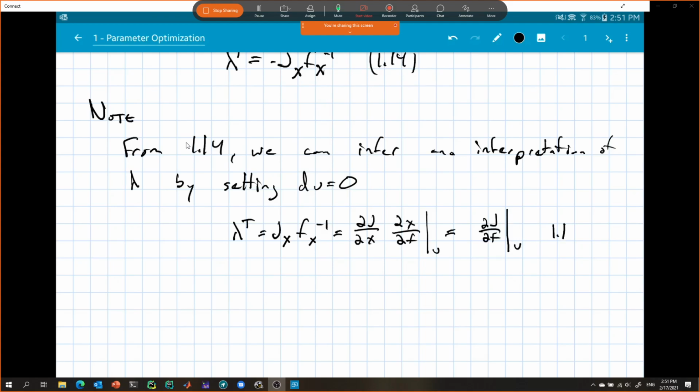So what this means is the Lagrange multipliers indicate how much the constraint affects the cost.